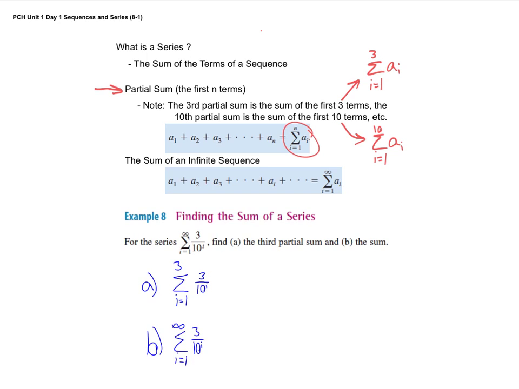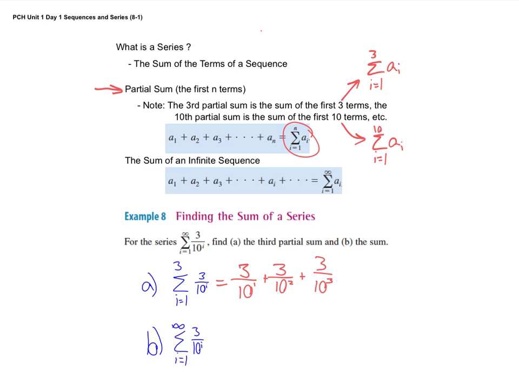So that's the basic idea here that we're dealing with. You'll notice here at the bottom we have this example finding the sum of a series. If we just need the third partial sum, and we have 3 over 10 to the i, it would be 3 over 10 to the first, plus 3 over 10 to the second, plus 3 over 10 to the third.